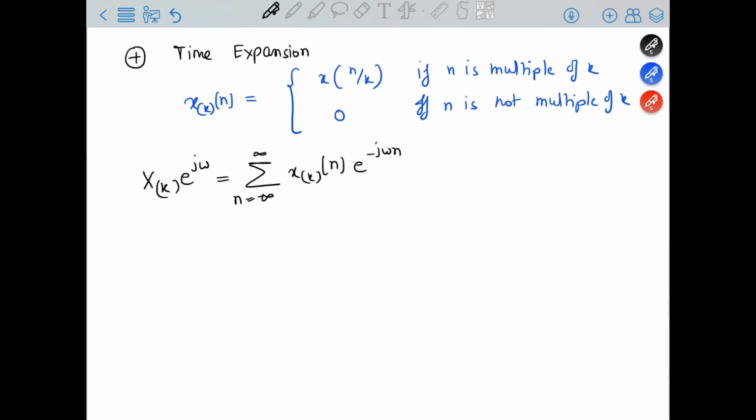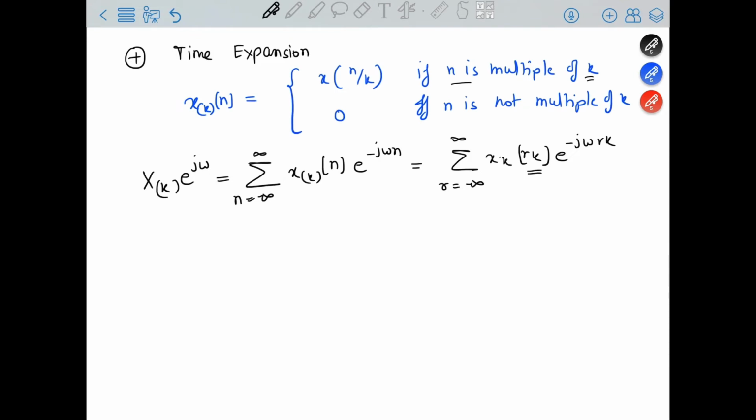This is from the formula of the Fourier transform. Now we will represent it as summation x_k[rk] e^{-jωrk}, where r varies from minus infinity to infinity. This is from the fact that it will only have some value when n is a multiple of k. So we have replaced n with rk, which shows that it is a multiple of k.